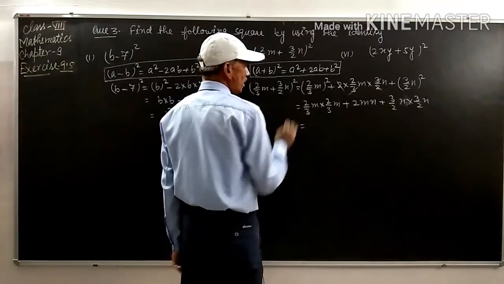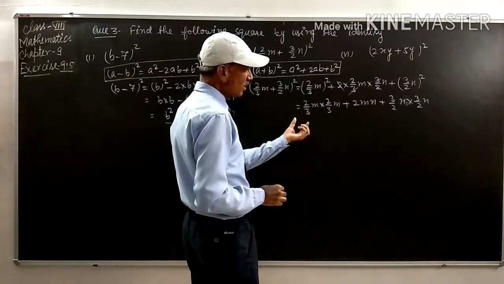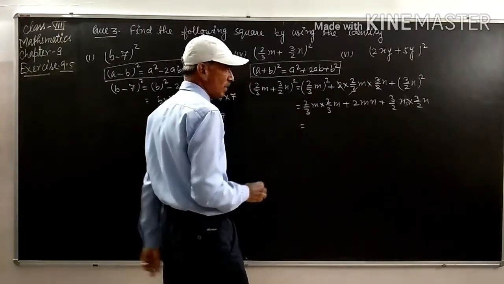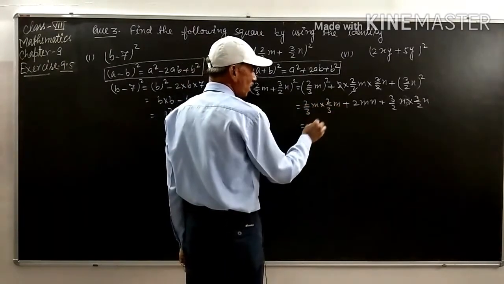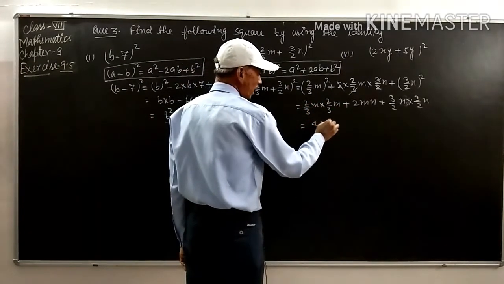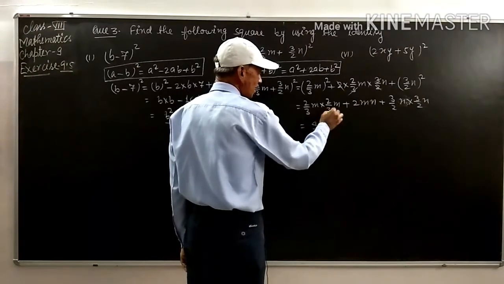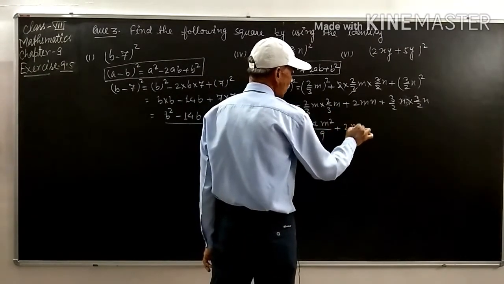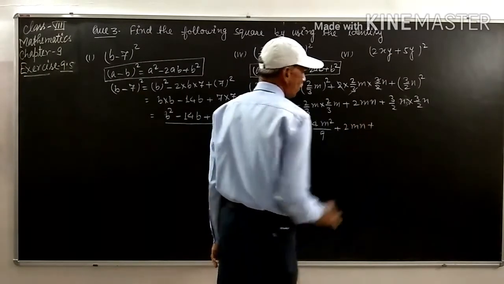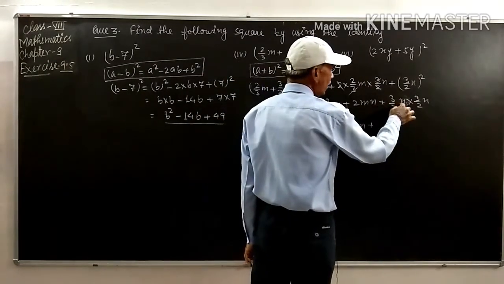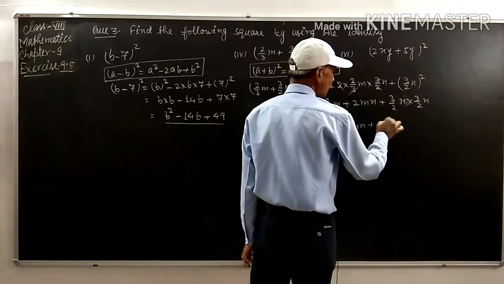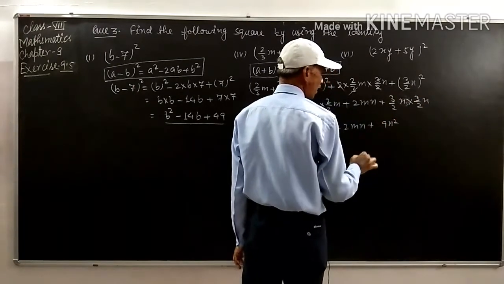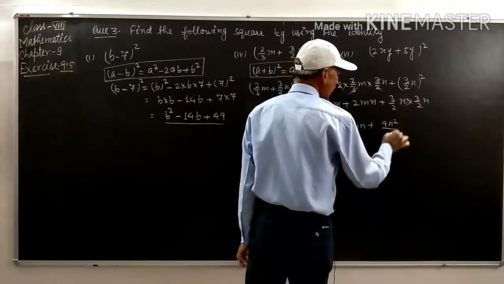that is स्टूडेंट्स न्यूमरेटर को न्यूमरेटर के साथ और डिनोमिनेटर को डिनोमिनेटर के साथ मल्टीप्लाई करेंगे हम. 2m इंटू 2m, दैट इज 2 2 जा 4m स्क्वायर बाई 3 3 जा 9 प्लस 2mn प्लस again 3n into 3n, that is 9n square upon 2 2 ja 4.